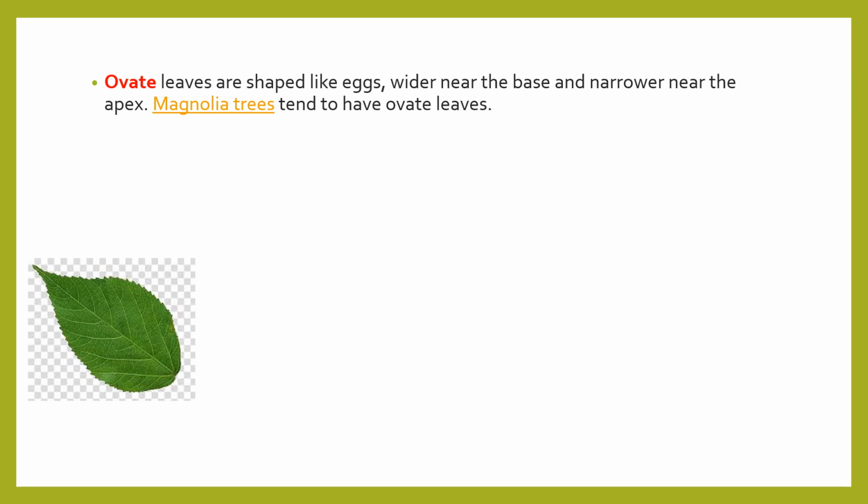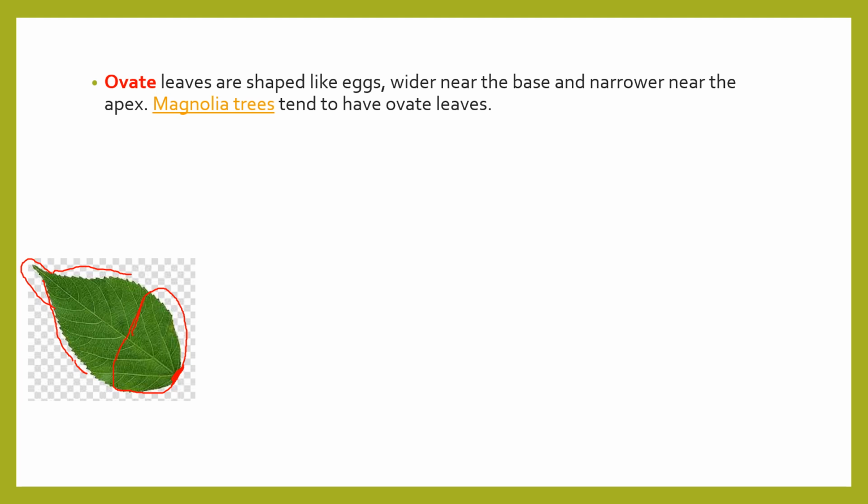This is the base of the blade, and you can observe it's wider near the base of the blade and goes narrow at the apex of the leaf.